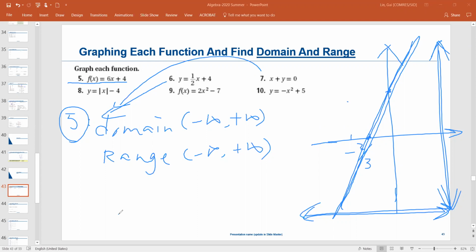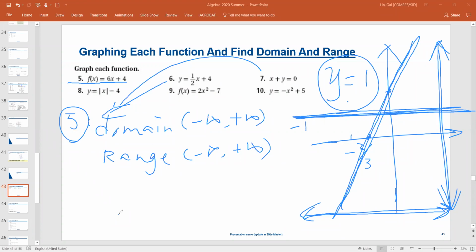But let's look at something special, say y equals 1. This is also linear. What about the domain? The domain is the x range, which could be negative infinity to positive infinity. What about y? Y has only one value, only 1, right?